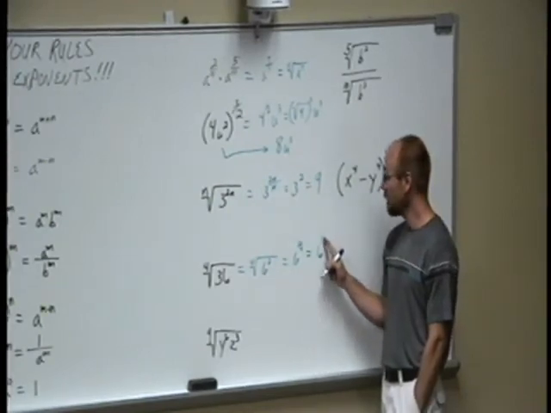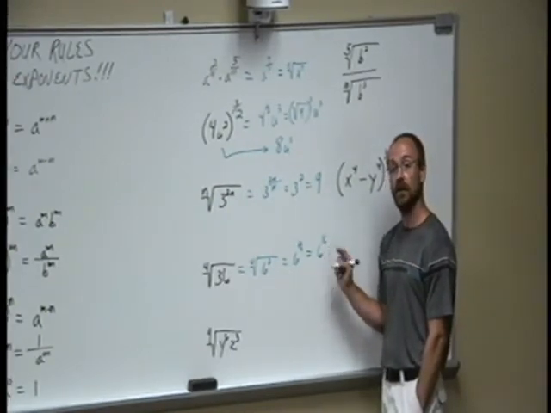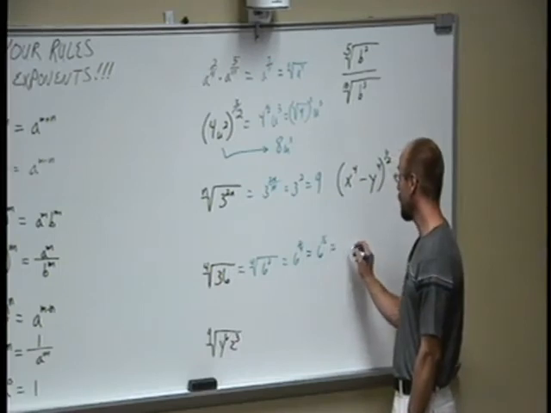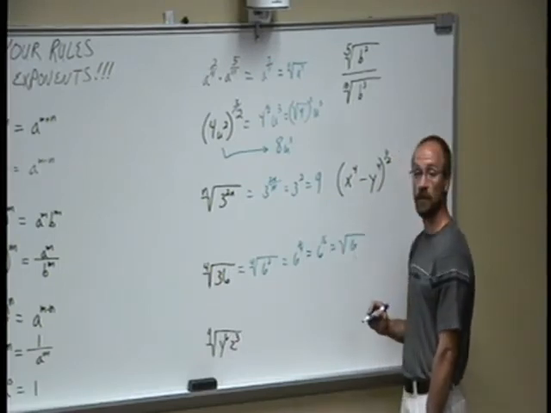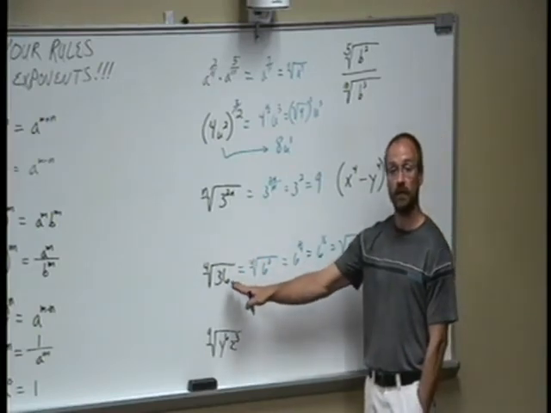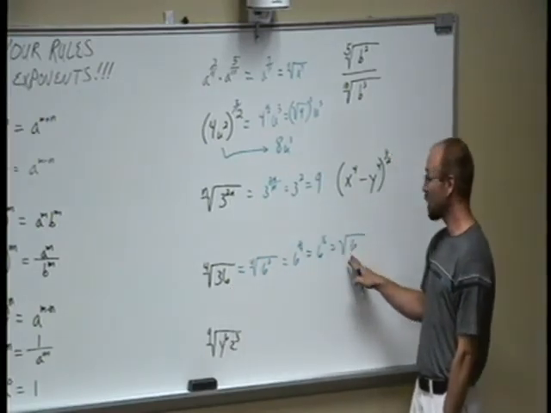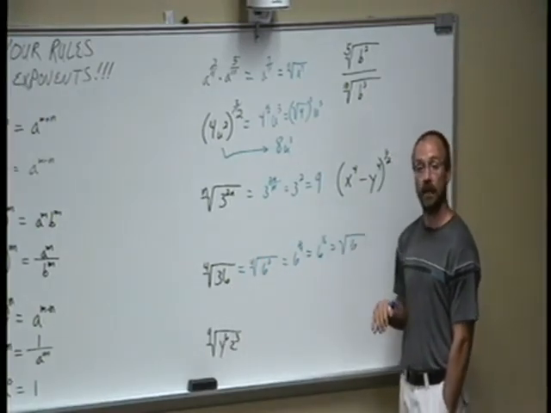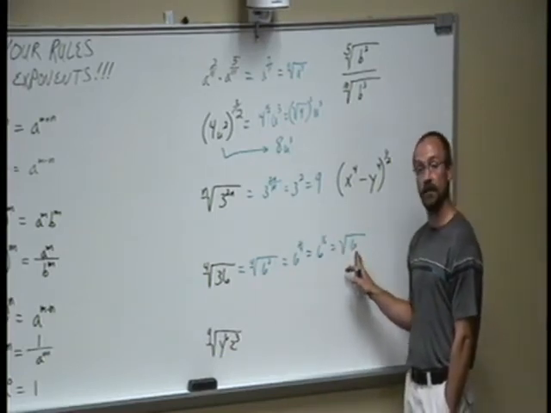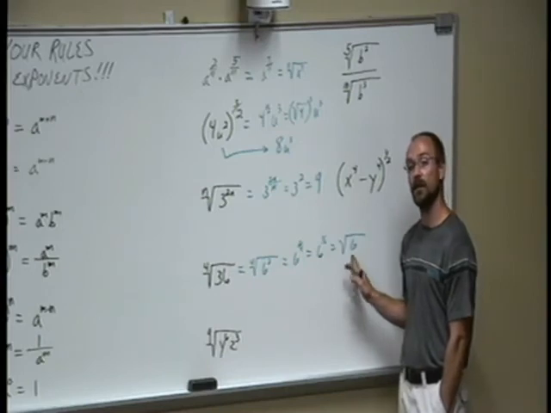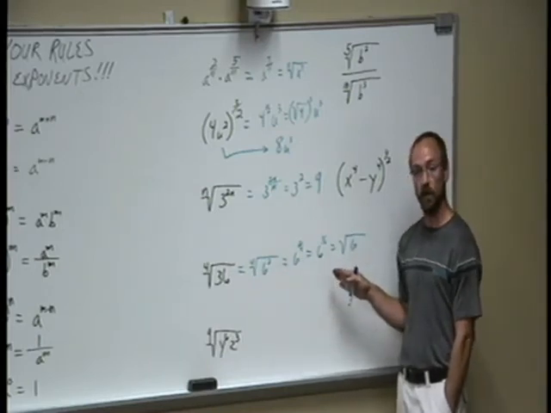And now, notice my index is 2. It is as small as possible. If I rewrite it, I have the square root of 6. So the 4th root of 36 and the square root of 6 are actually the same value. This one has a smaller index, and the radicand is also smaller. So we've simplified it using our rules of exponents.